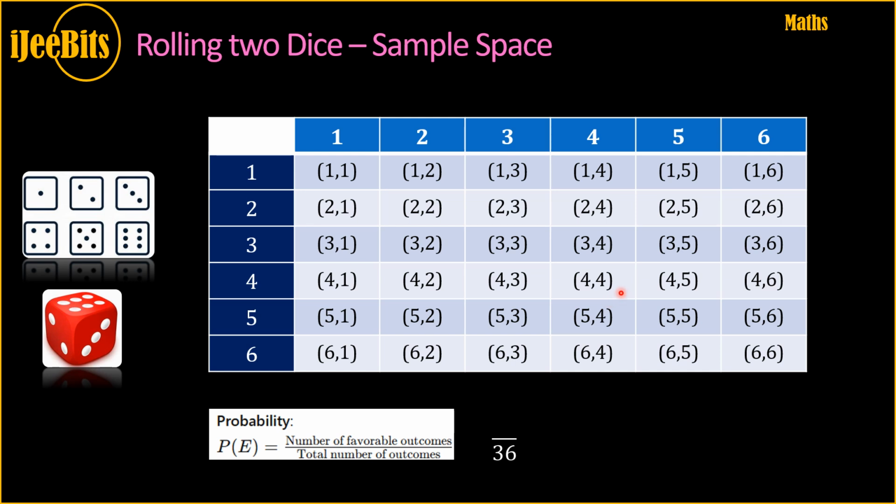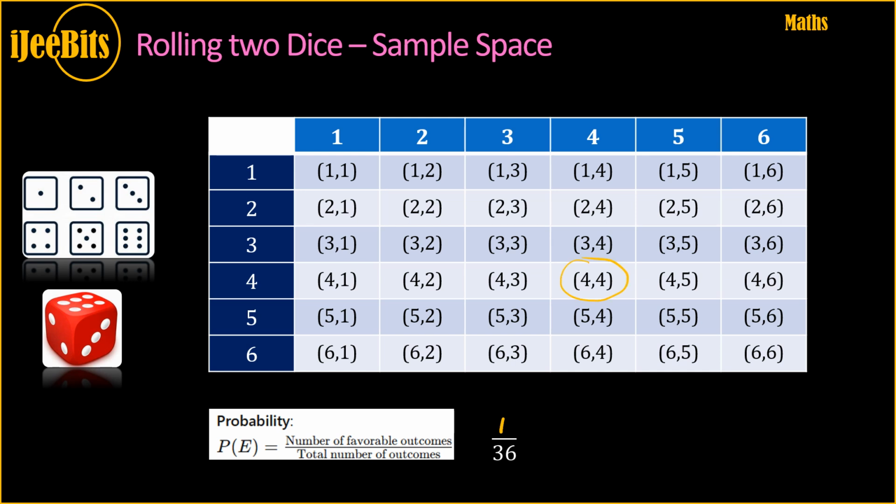The coincident point is called 4 4, which is nothing but your favorable outcome. The number of favorable outcomes for getting 4 4 is only one. Total outcomes are how much? 36. So 1 by 36 would be your probability value for getting 4 4.